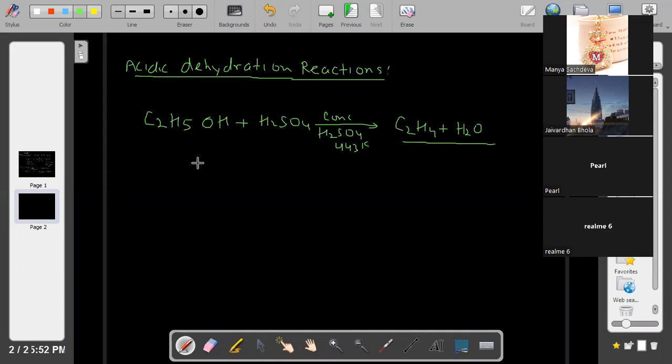The reaction mechanism is very, very important. It is a very important reaction, asked several times in the board examinations.